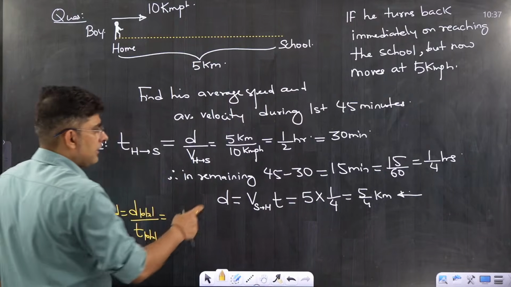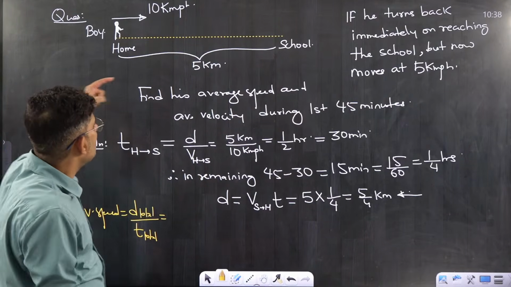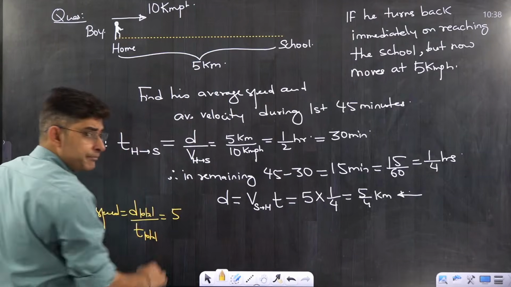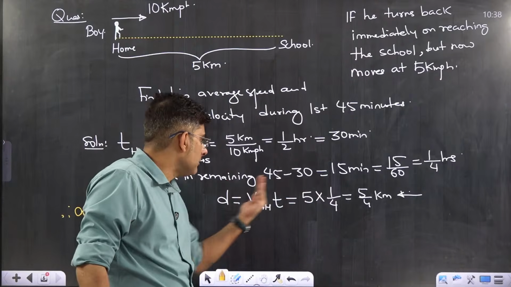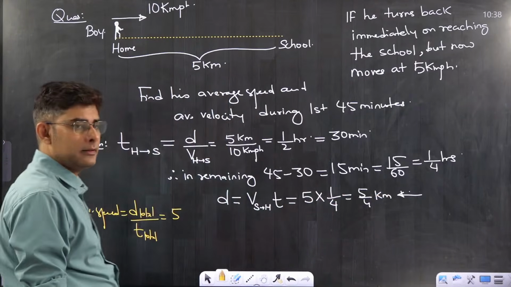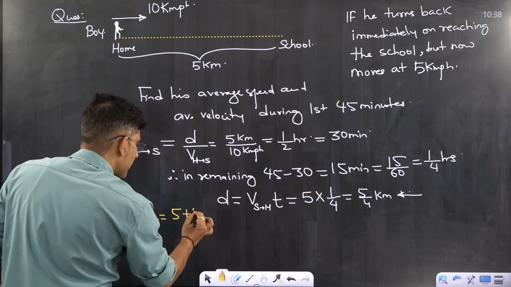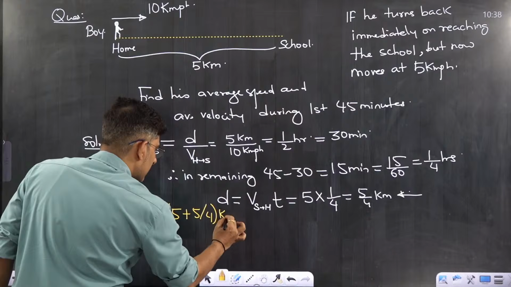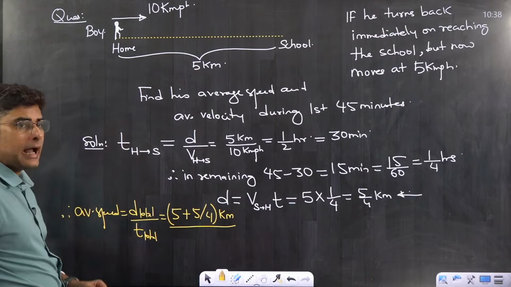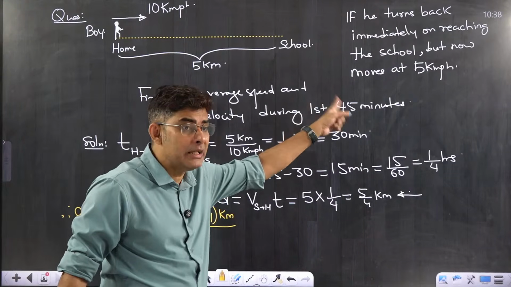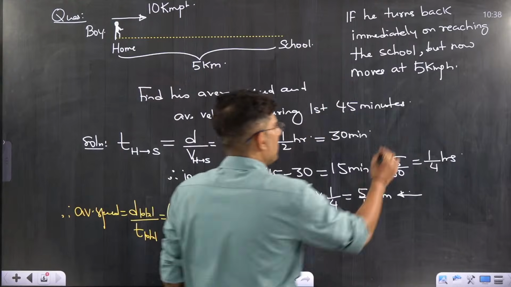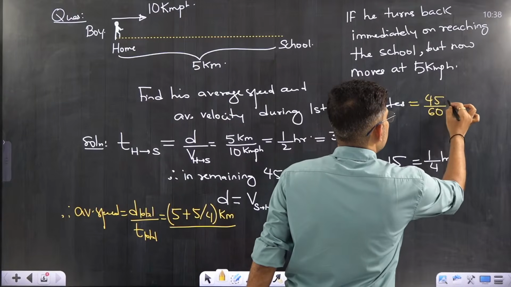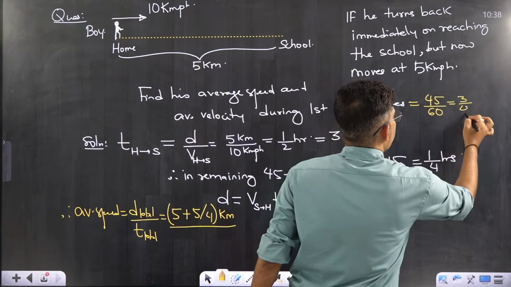Total distance. What did he do? First he moved from home to school. How much is the distance mentioned? 5 kilometers. Now in the remaining time, he has moved 5 by 4 kilometers. So 5 plus 5 by 4 is the total distance traveled in kilometers. Total time is given, 45 minutes. 45 minutes can be written as 45 by 60, that is 3 by 4 hours.